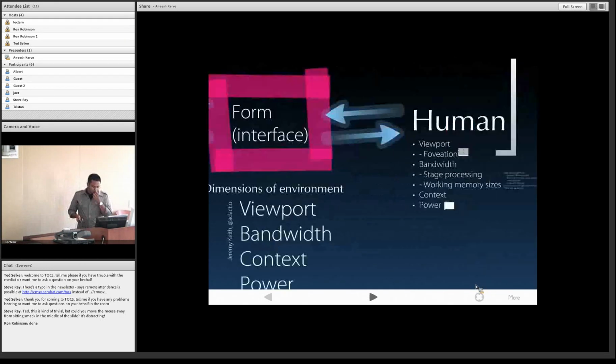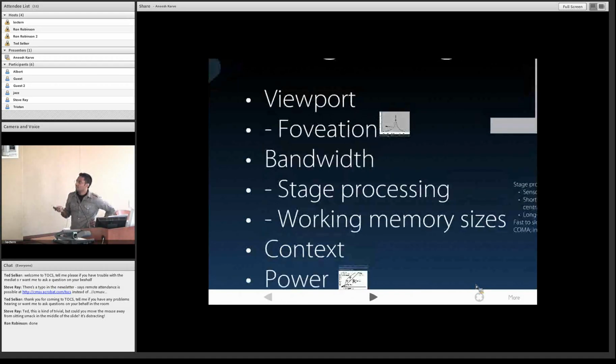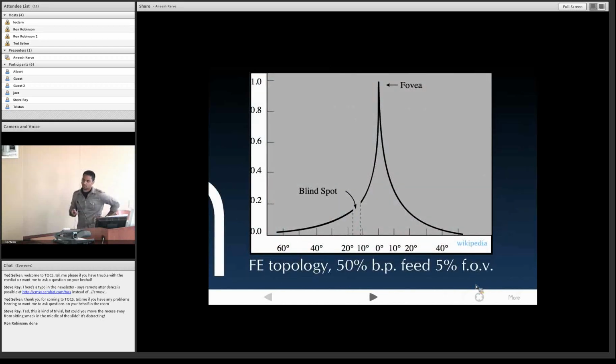So now the question is, what are the corresponding constraints on the human side of things? And I think this will answer your earlier question about stage processing. The first thing, which Furness actually makes note of in his 2006 paper, is that vision itself has a focus plus context structure. What this diagram shows is the resolving power of the eye in proportion to the distance from the fovea.